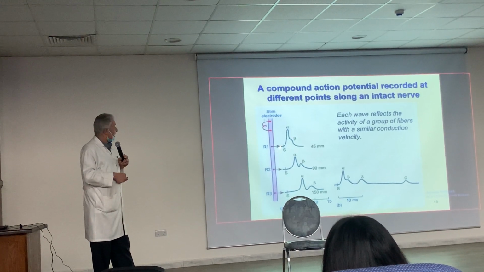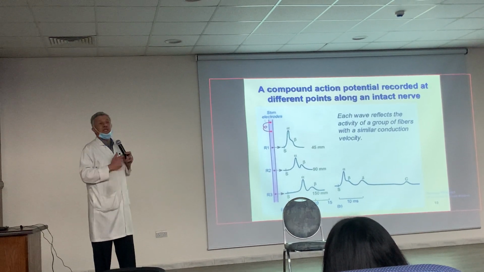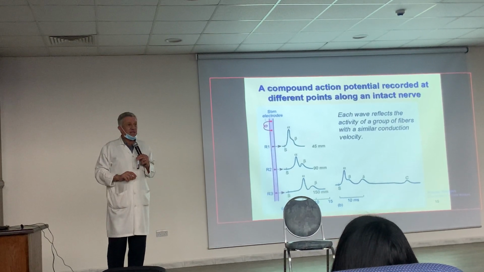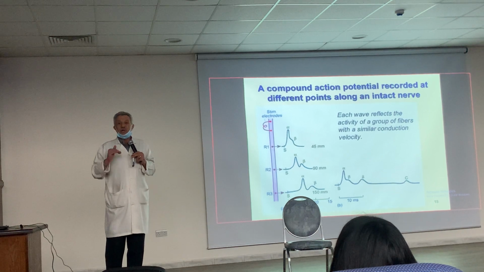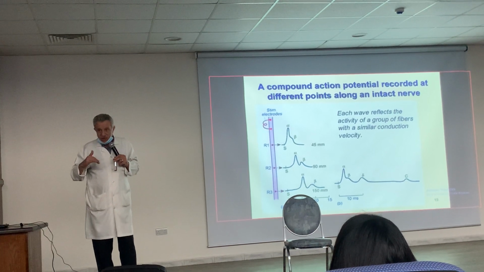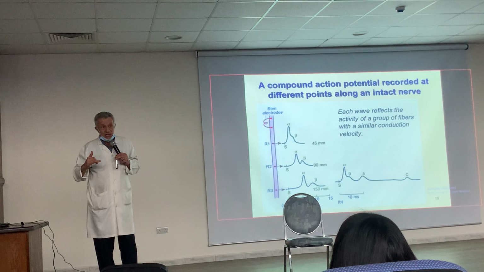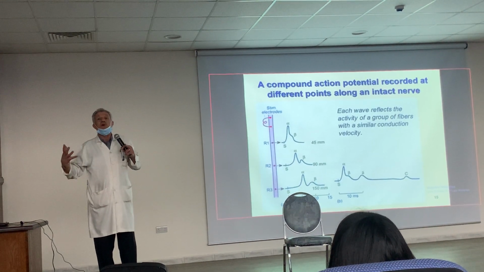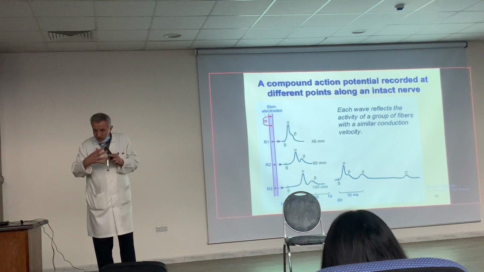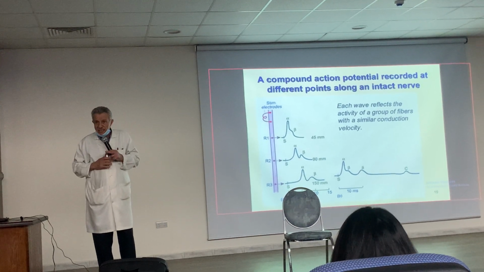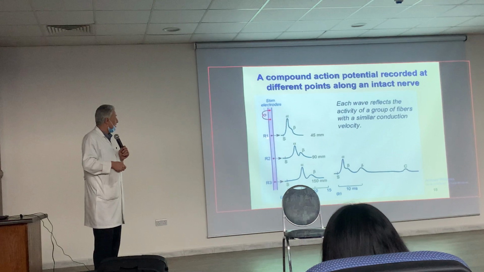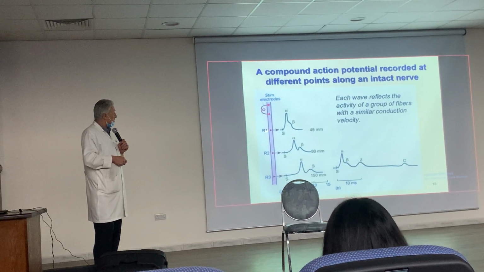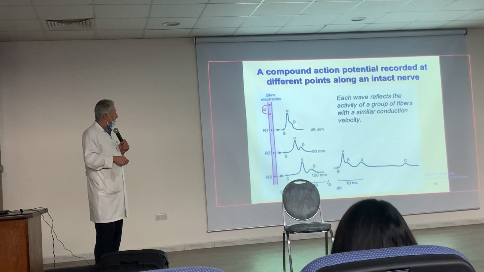Once you have stimulated all that cable, you can record the changes of the potentials, which gives you a summary of the sum of all action potentials that can take place in that nerve. You are recording at that point.